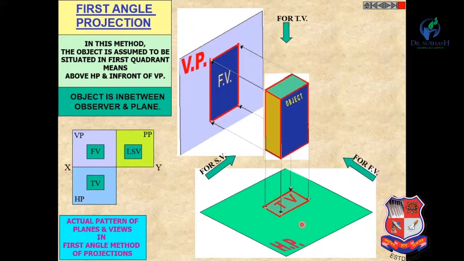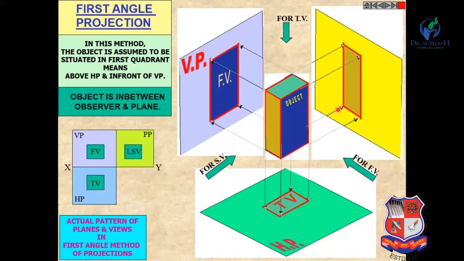Again the object is in between plane and observer. Similarly for the side view, this plane is the profile plane and this view is known as the side view. In this case also the object is in between observer and plane. So in the first angle projection method, the object is in between observer and plane.